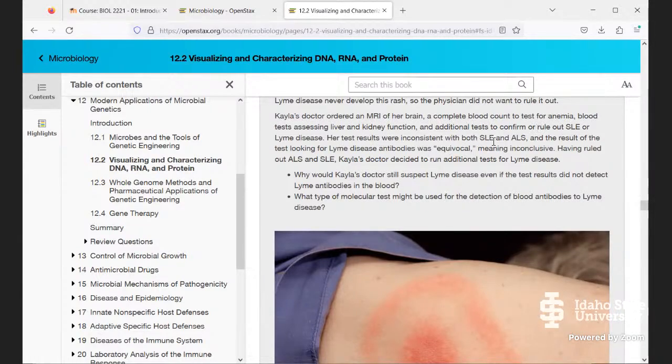Her tests were inconsistent with lupus and ALS, and the initial tests with Lyme disease, trying to look for antibodies in her body against it, were equivocal. So we couldn't say yes or no, all right? Inconclusive doesn't mean one way or the other, all right? So we still can't say about it, all right? So they want more tests looking for this, all right?